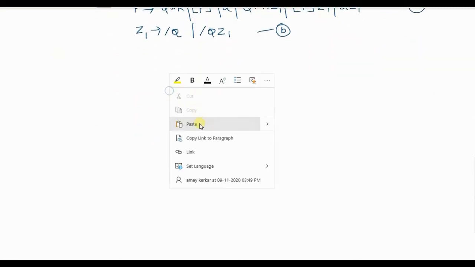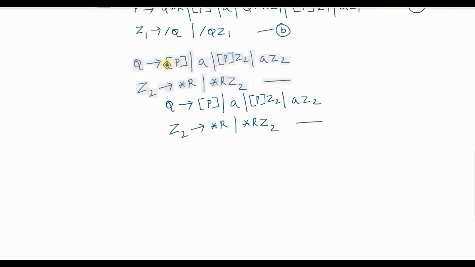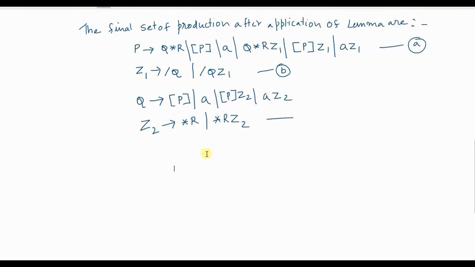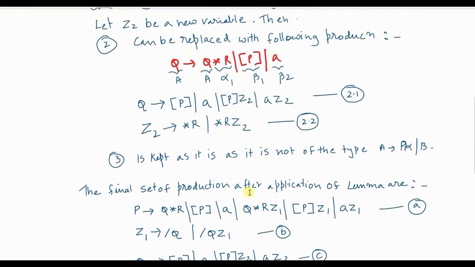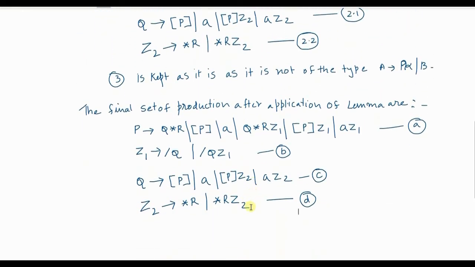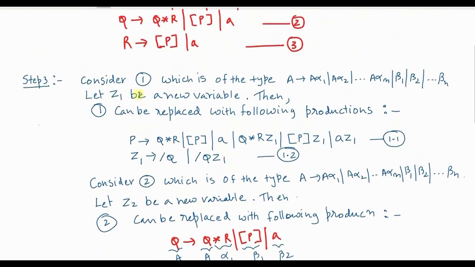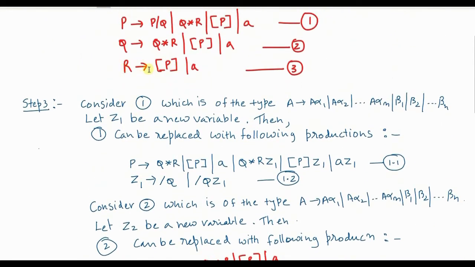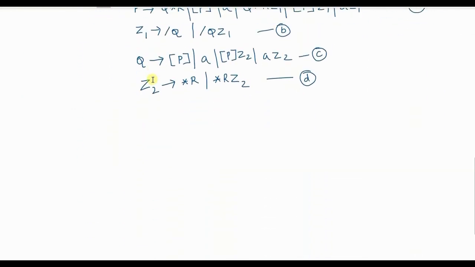I will append them here, and call this C and this D. I have just rewritten those terms. Apart from this, there is production 3, which I am going to keep as it is. So R gives P or A, and I will call this P.